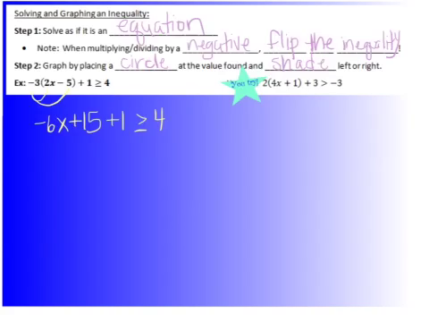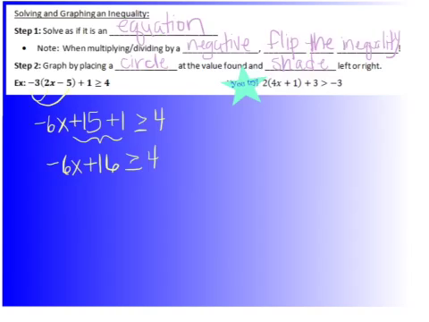Alright, so now I want to combine like terms on my left side, combine like terms on my right side. I have a positive 15, a positive 1, so I have negative 6x plus 16 is greater than or equal to 4.